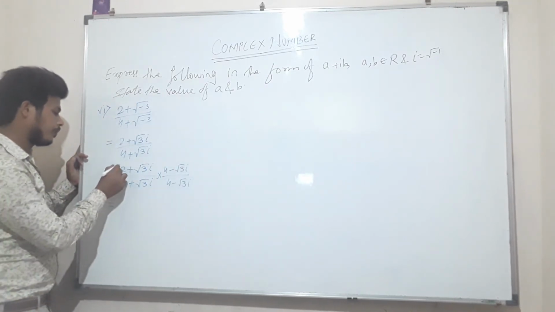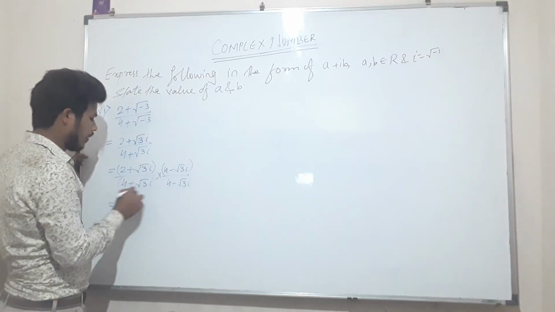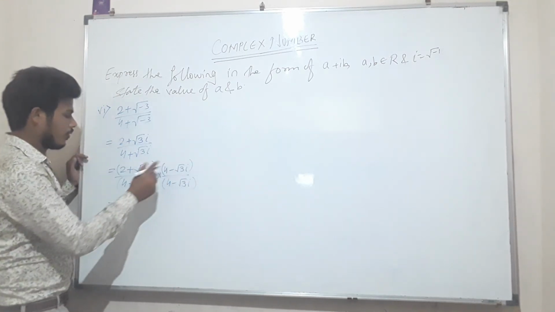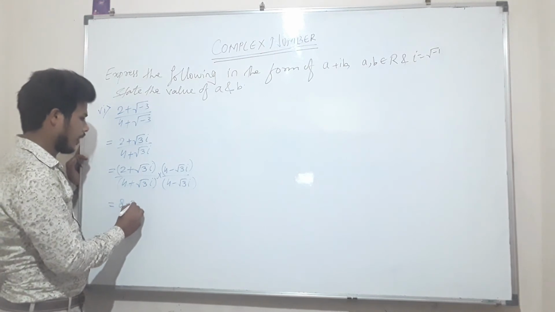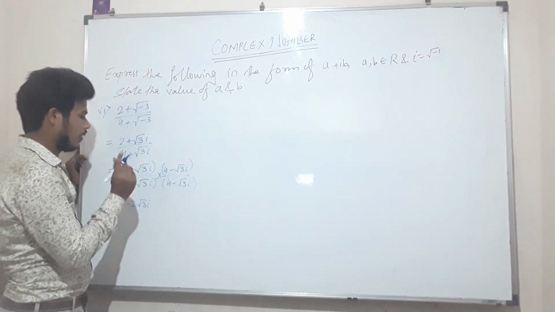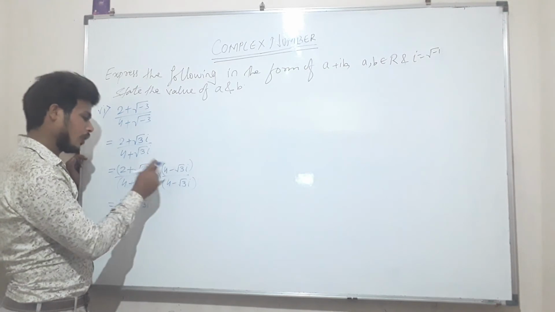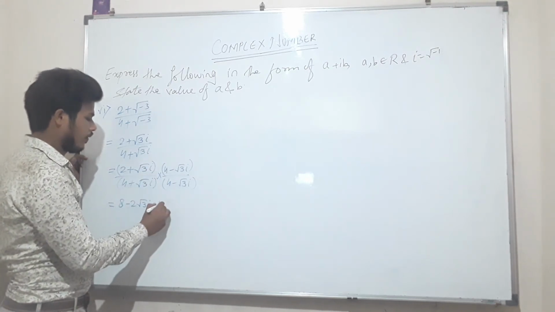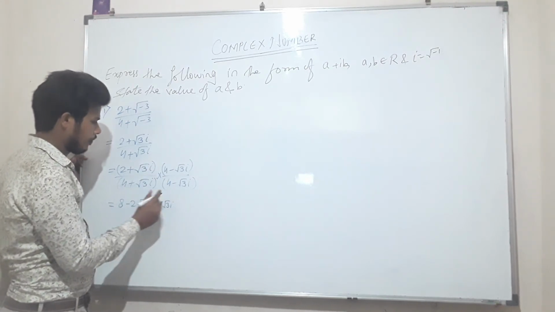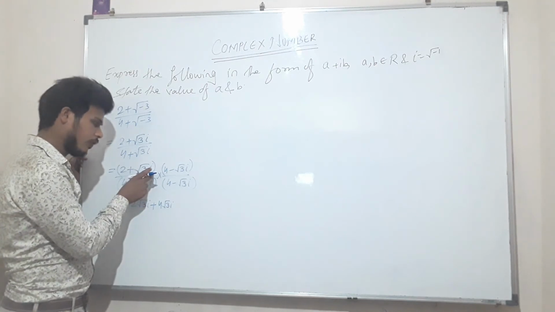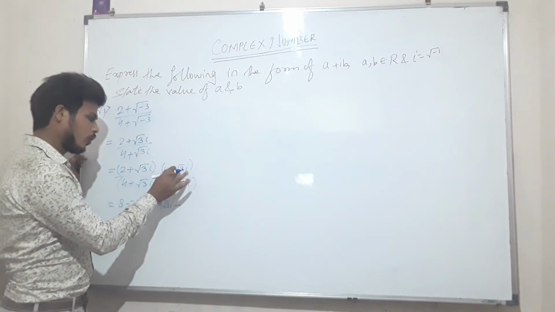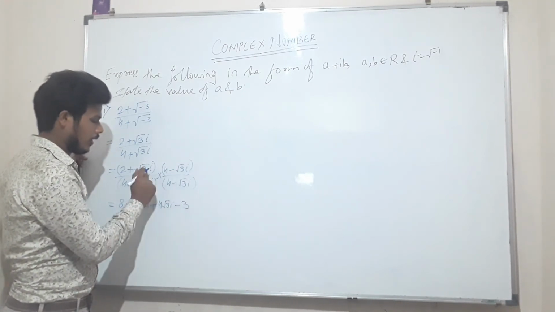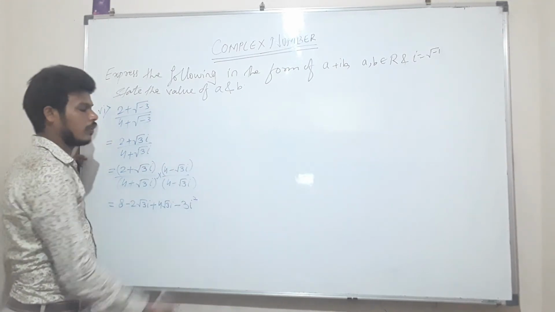Okay, now there will be bracket multiplication, right? So 2 4s are 8, 2 into minus root 3 is minus 2 root 3i. Then root 3i into 4 will be 4 root 3i. And square root of 3i, first plus into minus is minus, root 3 into root 3 is 3, i into i is i square.